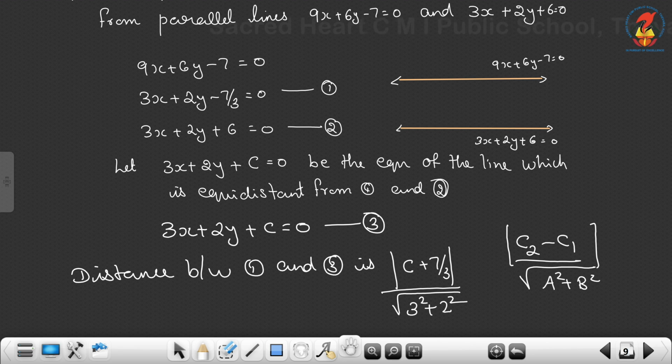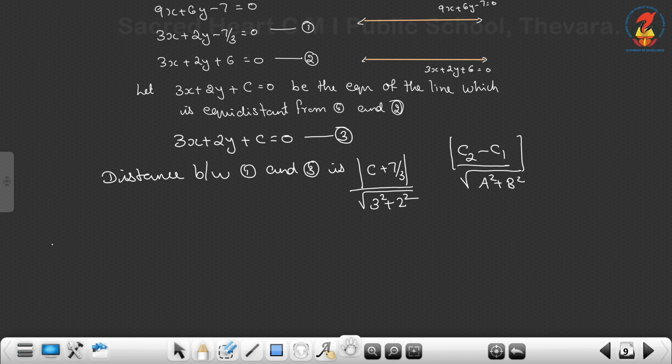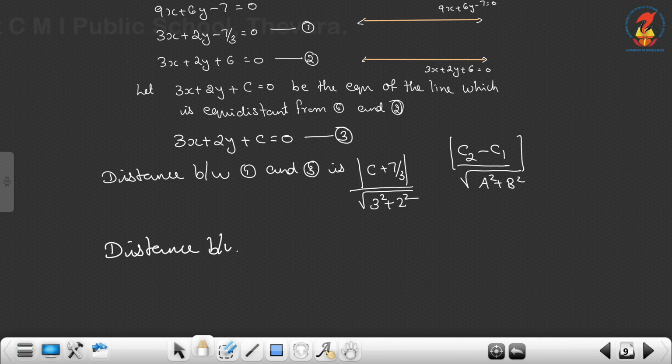Now, in the same way, the distance between line 2 and 3 is modulus of (c - 6) by root of 3 square plus 2 square.